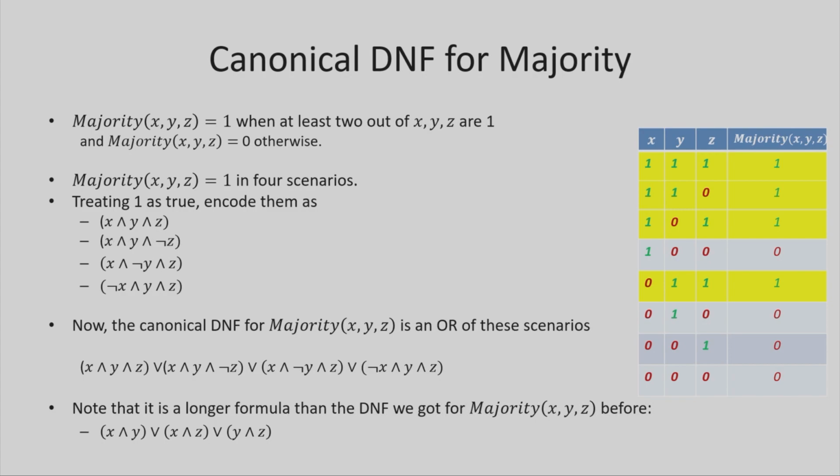Once you have some formula, you could start optimizing it, you could start combining things, you could start making things smaller. But having a canonical DNF for every possible Boolean function you could think of allows you to say, no matter what I need to compute, if it's Boolean, I can compute it. I can make a formula, I can make a circuit.